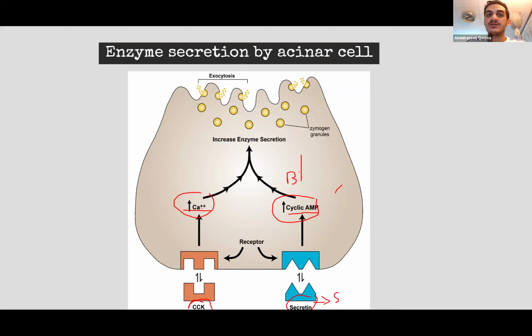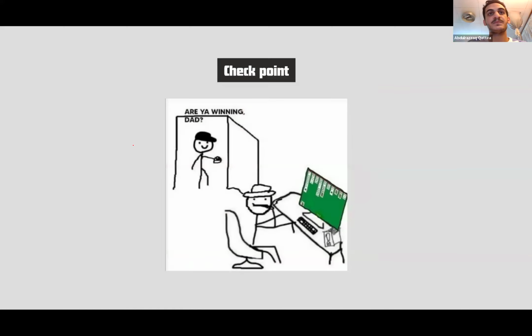So the calcium is released after the CCK binds to the receptor. Okay, and after the calcium, it will release the pancreatic enzymes. I hope this concept is clear, but don't worry, we will come again to this concept in order to make it clearer.